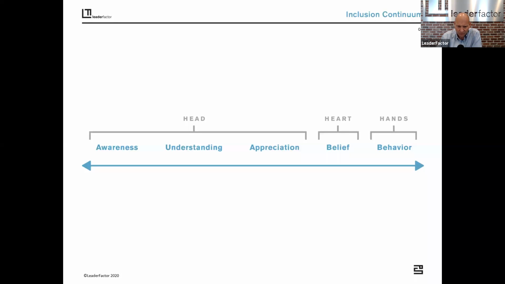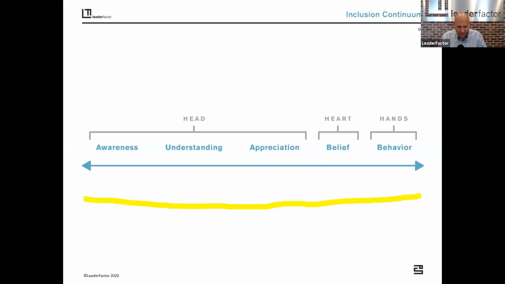Now let me show you what we call the inclusion continuum. So here it is. This is the inclusion continuum. I want you to think about how organizations approach inclusion systematically. So how do we do this? Traditionally, we go left to right on the inclusion continuum.